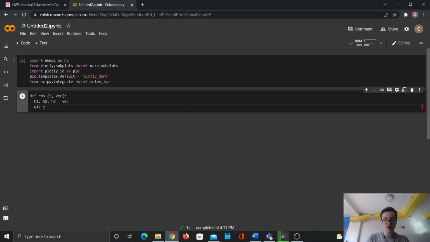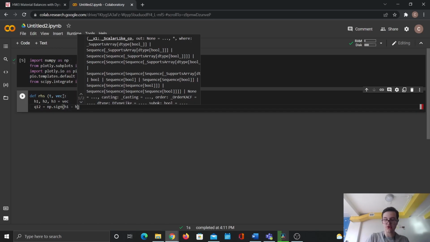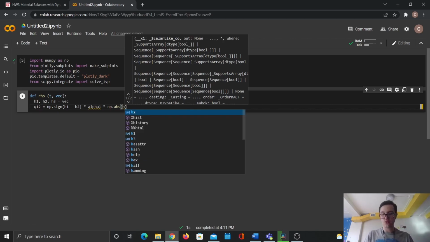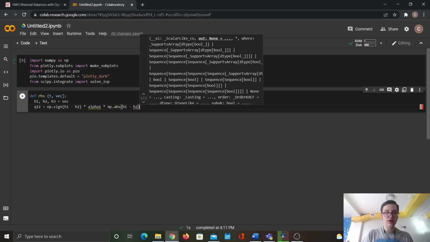and I have it written here, np.sign of h1 minus h2 multiplied by, so np.sign takes just the sign, the positive or negative value, so it'll be times 1 or times negative 1, times alpha 1 times, then we need np.abs of h1 minus h2, so height of tank 1 minus height of tank 2.